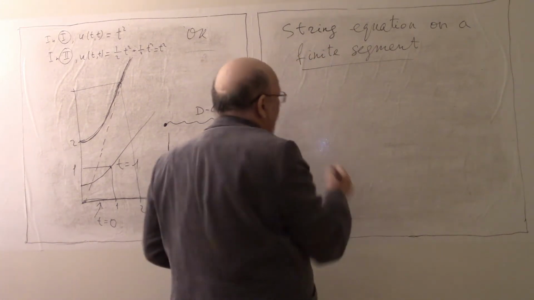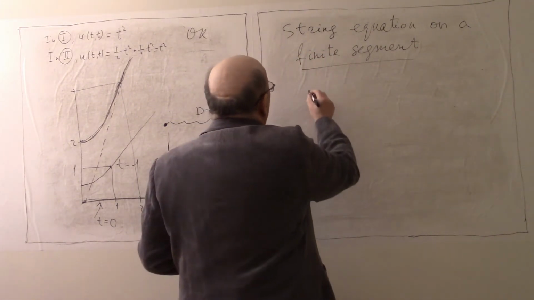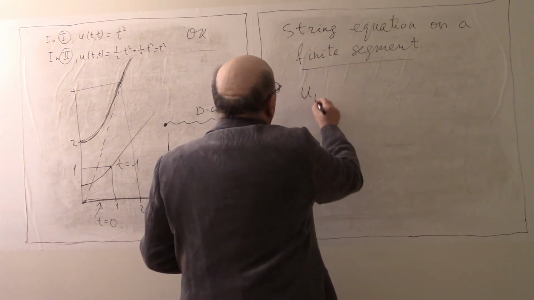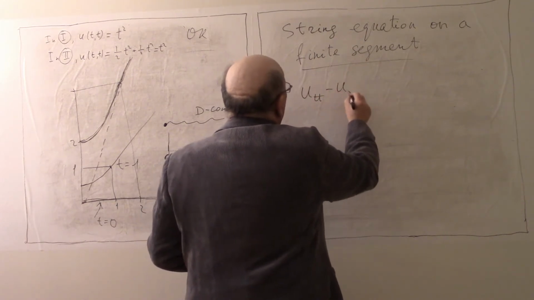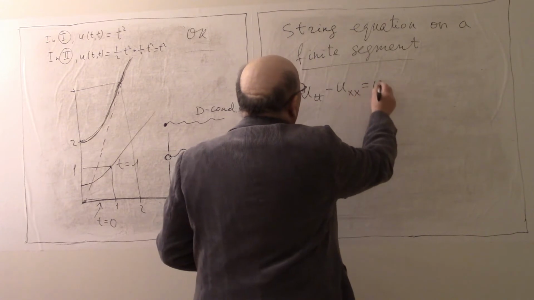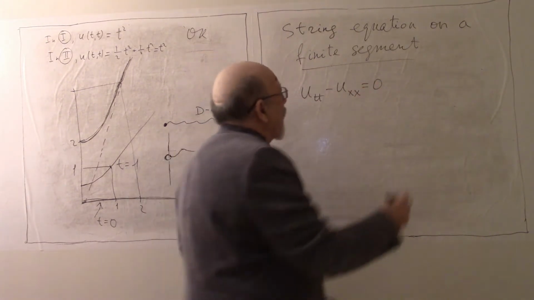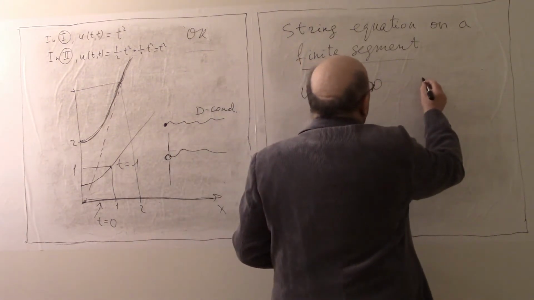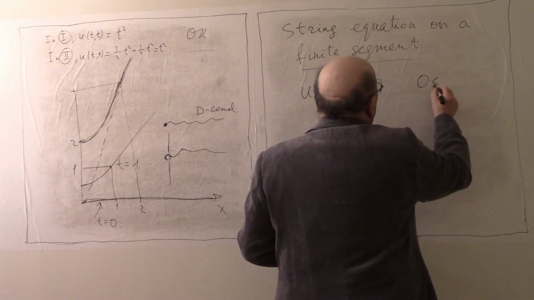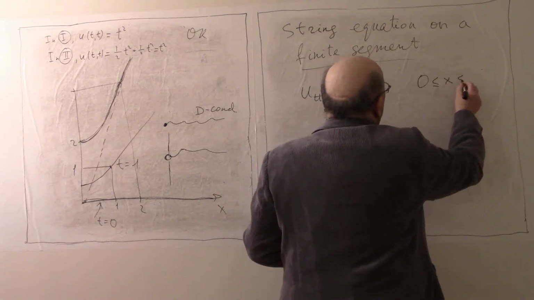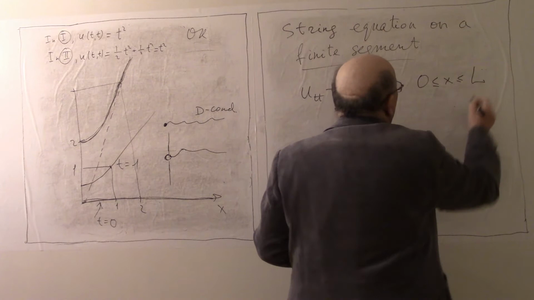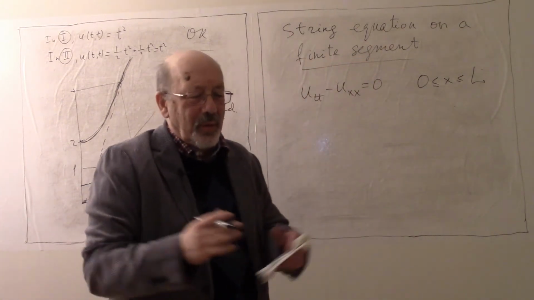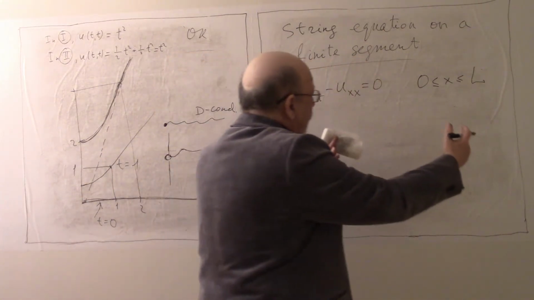So suppose we solve the equation utt minus uxx equal 0, but here the domain is, say, x between 0 and some L. So it is a finite segment.